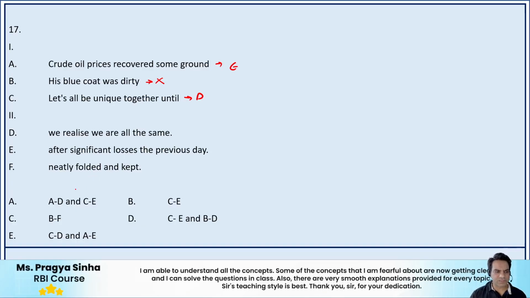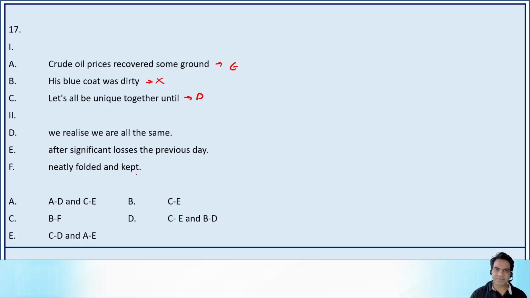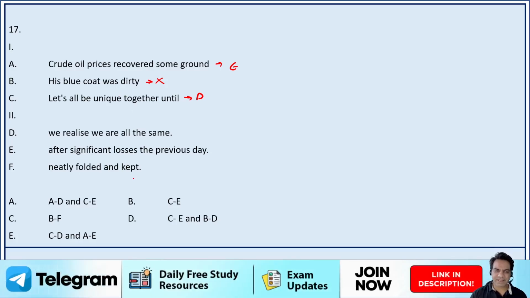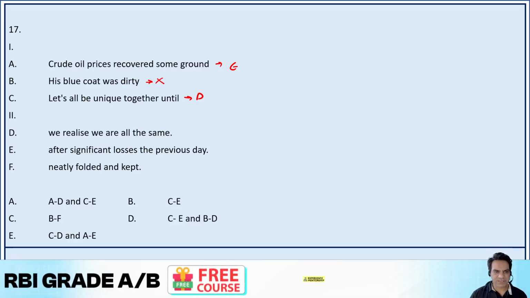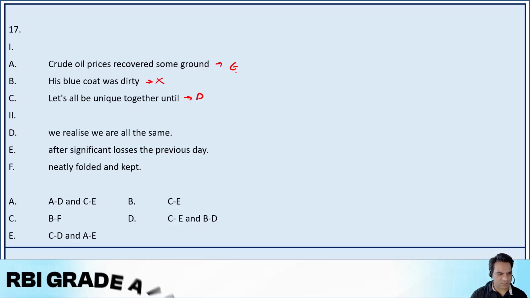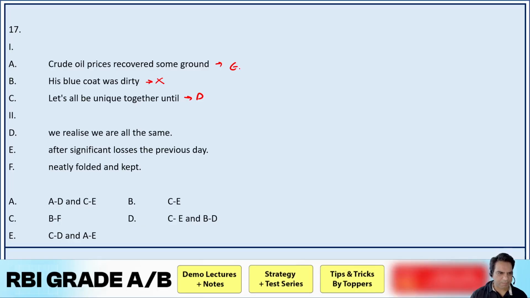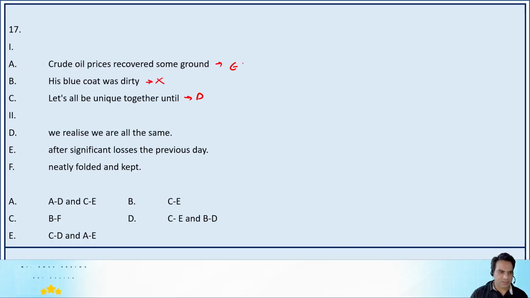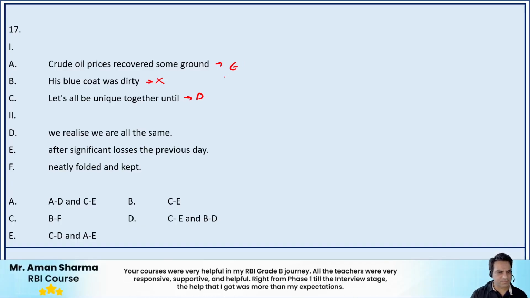His blue coat was dirty, neatly folded and kept. So how is it dirty and neatly folded and kept? So that's incorrect. So let's see. Crude oil prices recovered some ground after significant losses the previous day. Okay, A with E. All right, and let's all be unique together until we realize we are all the same. That's also correct, guys.